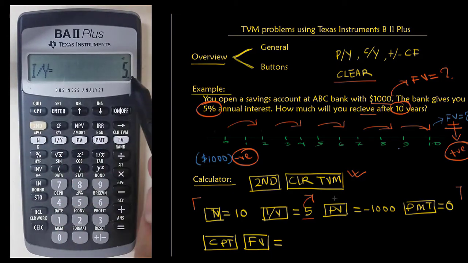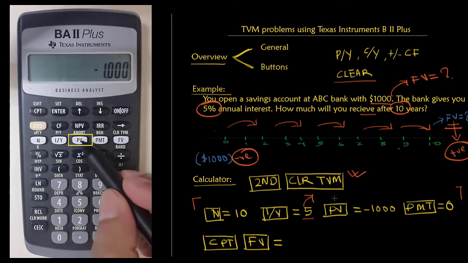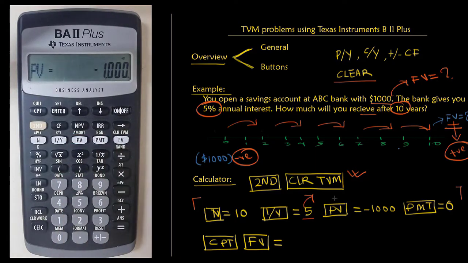So the interest rate is set to 5%. Then tell the calculator what your present value is. So in our case it is 1,000, and this is a cash outflow, right? So you press this button to turn this 1,000 into negative 1,000, then press this button, and you'll see that present value is set to negative 1,000.